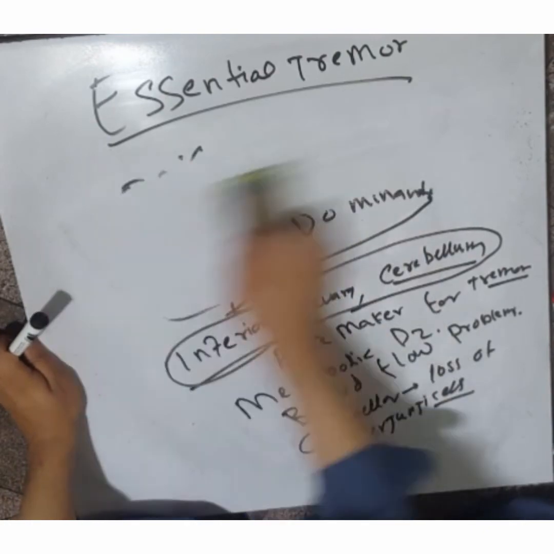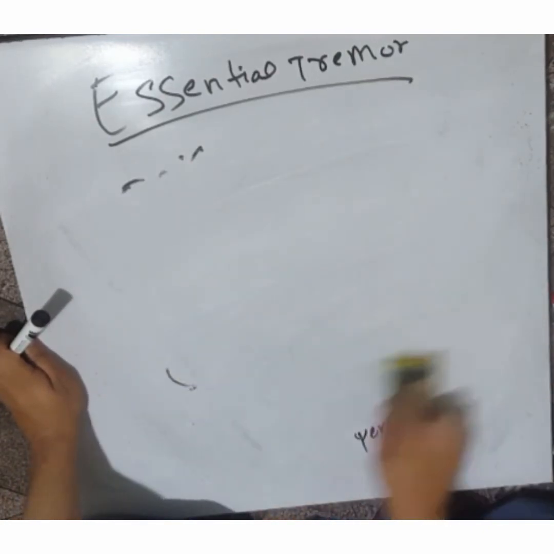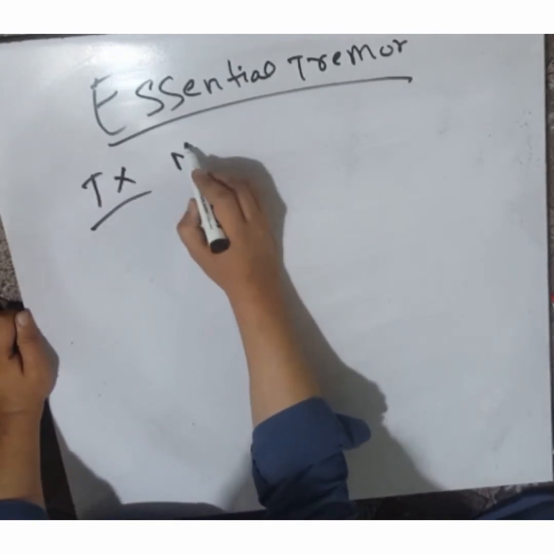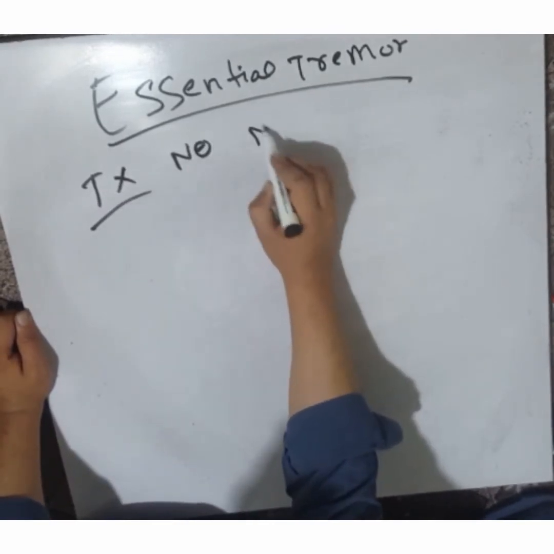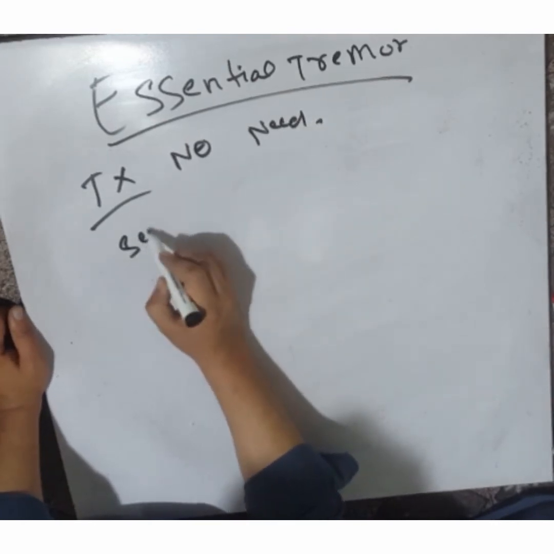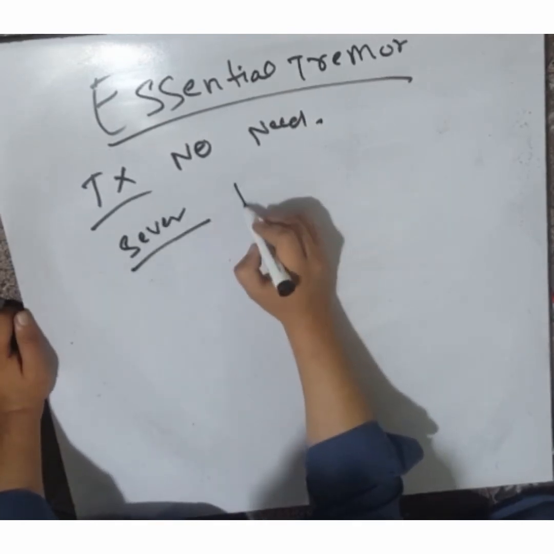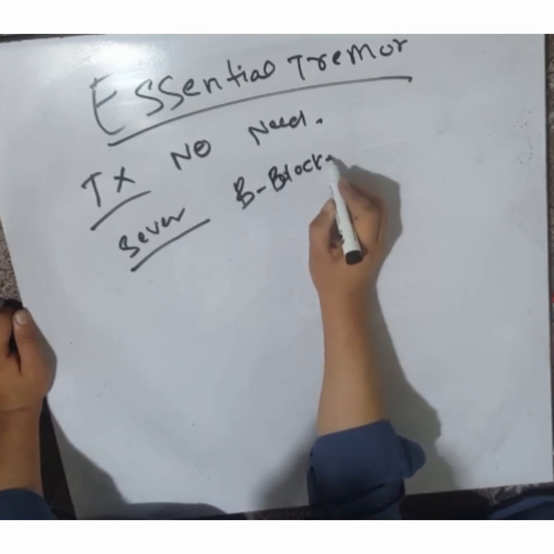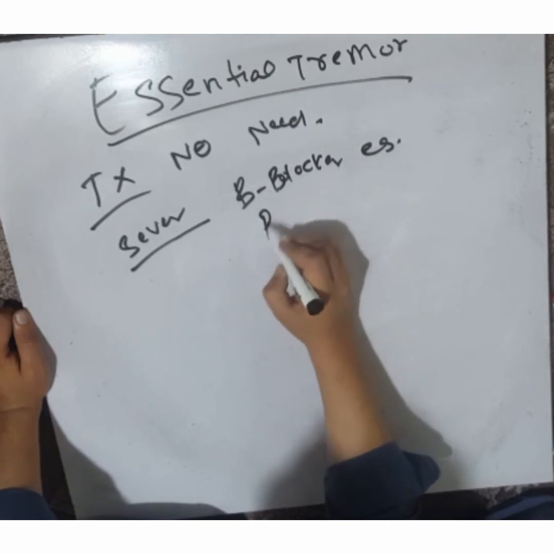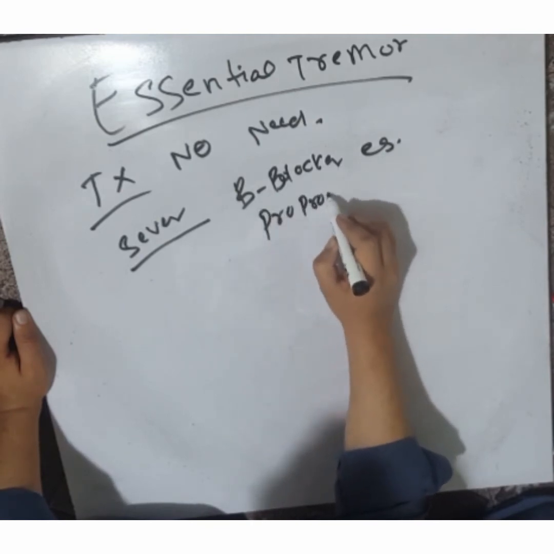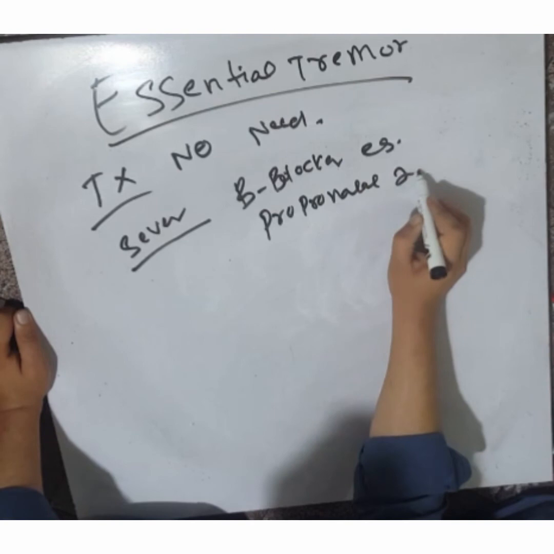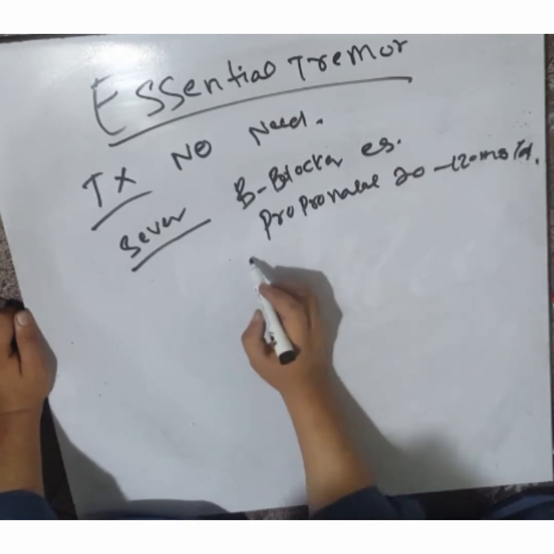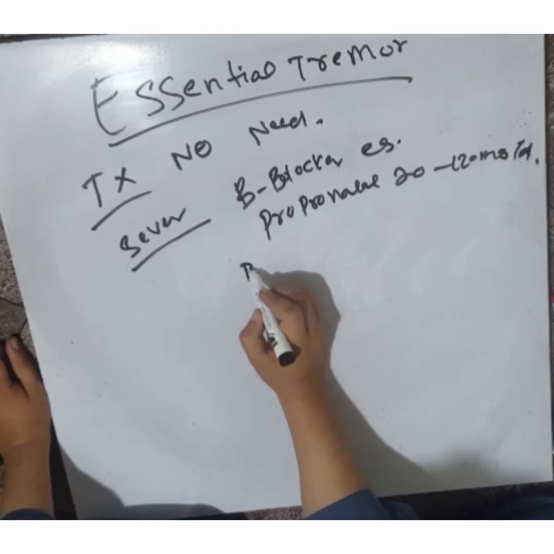Now we will discuss the treatment for the essential tremor. Generally, there is no need of treatment in general cases, but in severe cases, we give a beta blocker. Example, propranolol 20 to 120 mg per day.